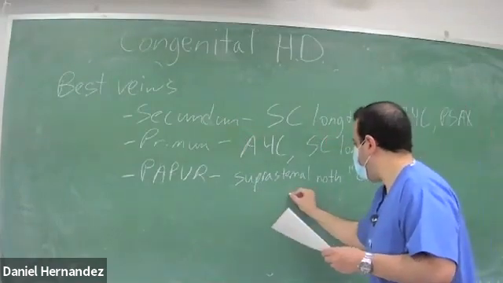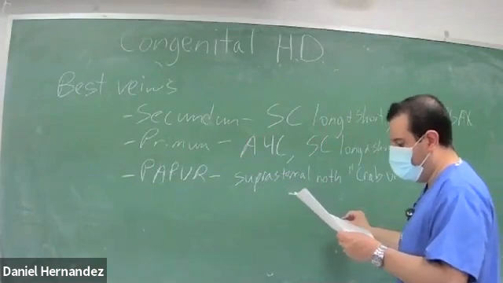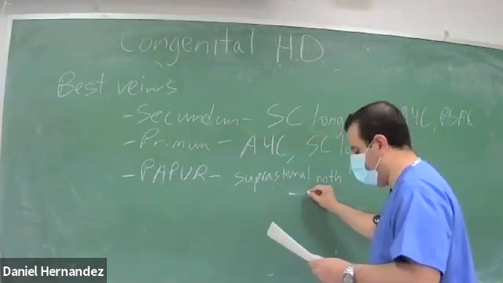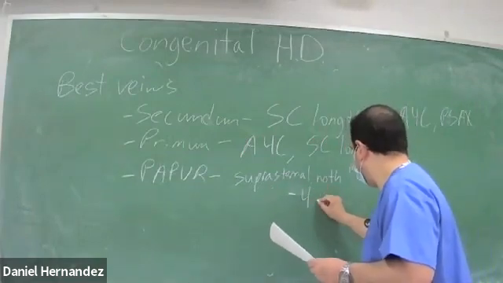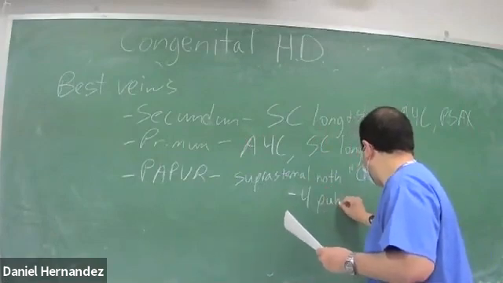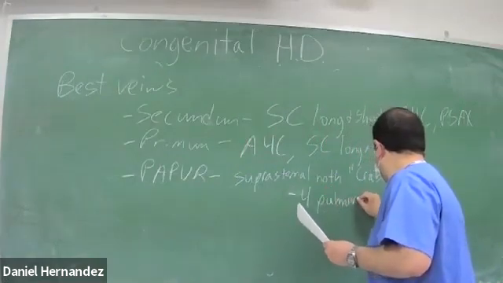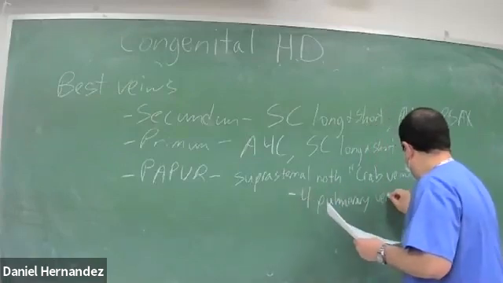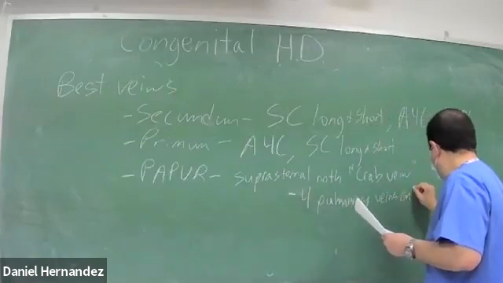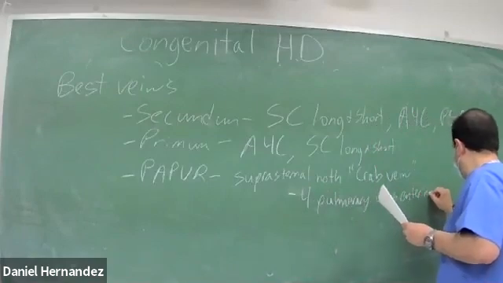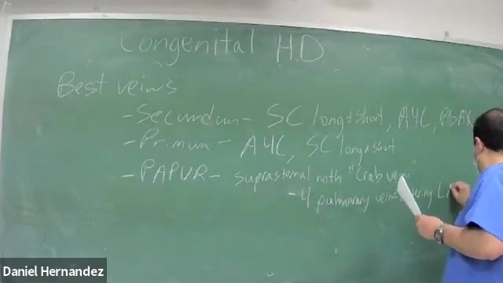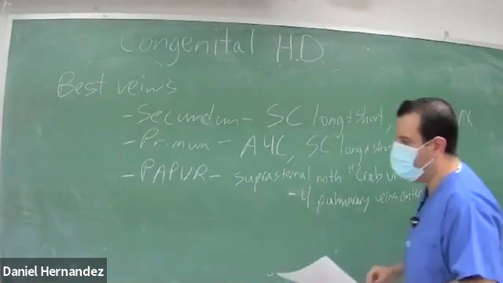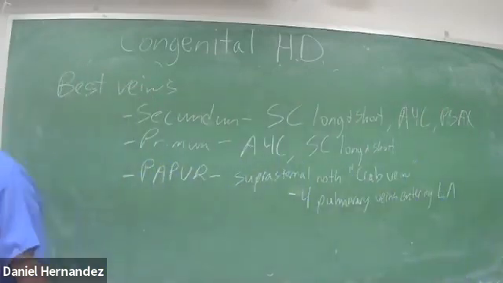With that crab view, we're able to visualize the 4 pulmonary veins entering the LA. This is a view that's typically done in a pediatric echo lab.